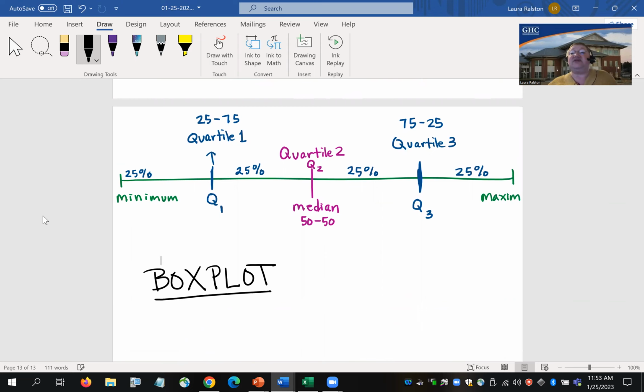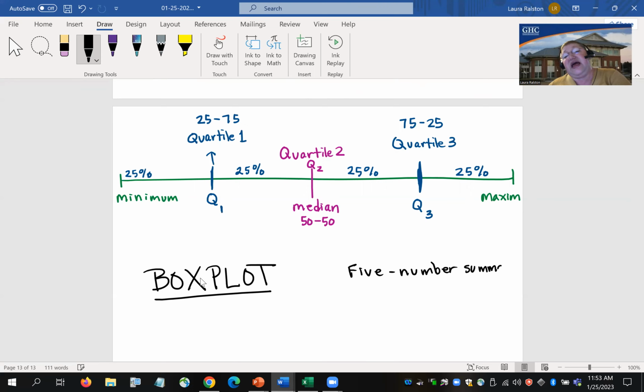We've talked about a histogram and a stem and leaf. We had not talked about a box plot, and I just about have a box plot drawn here. Typically, the box plot includes your 5-number summary.